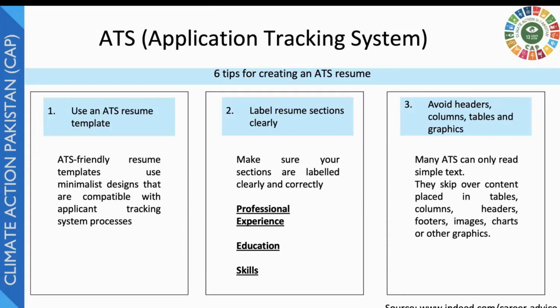The software will pick the information from these sections. But if you don't have such sections in your CV, it will not pick up your information, and this will lead to rejection or non-selection in the recruitment process.